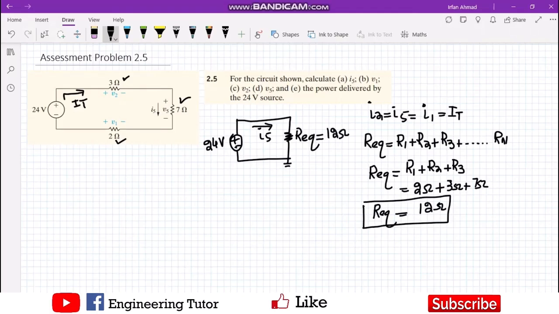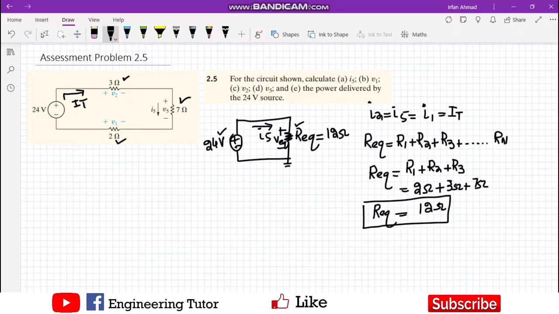So to find out the value of I5, again the scenario is like the previous question, that this is the sole voltage source here and we have only one passive element. All the voltage generated here will be consumed across this equivalent resistor, which is V equivalent, and this is 24 volt.